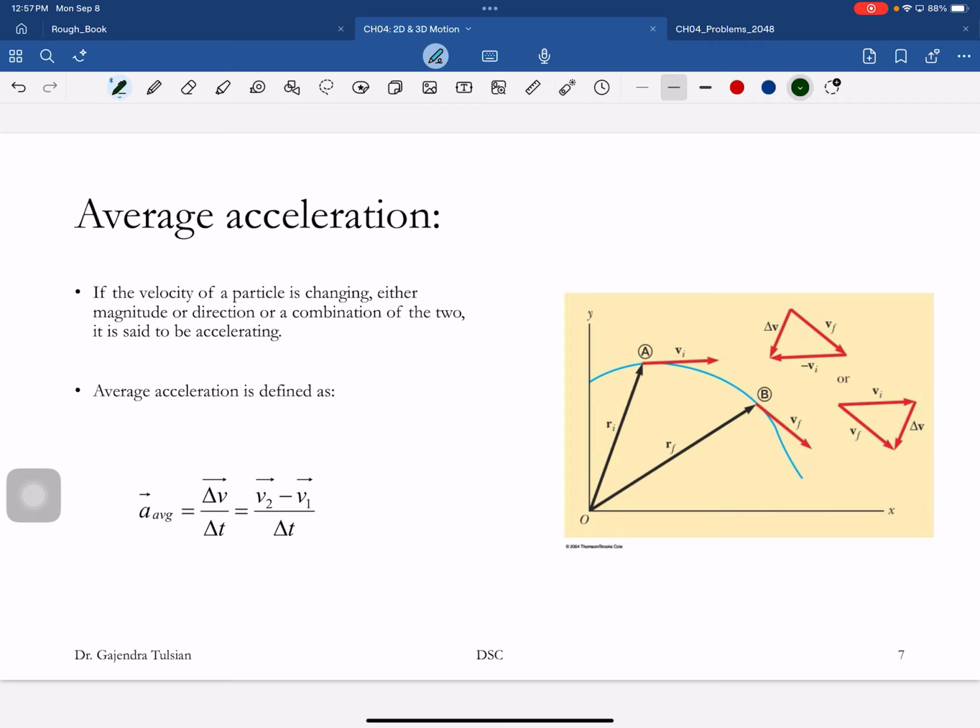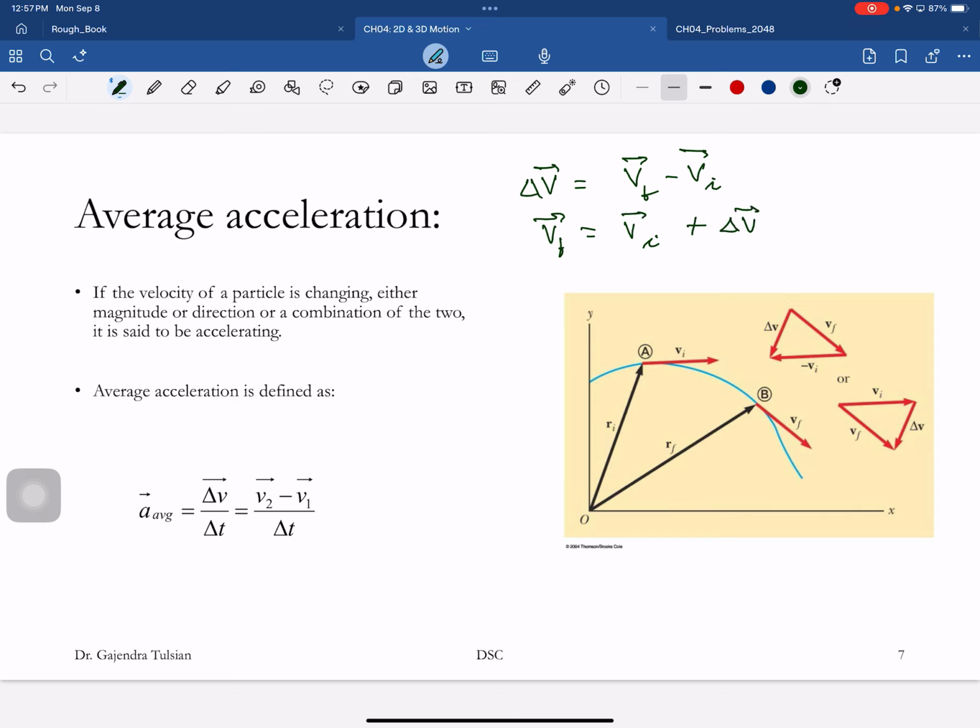Okay, here's another way to look at it. The change in the velocity vector is v final minus v initial. So v final is v initial plus delta v.